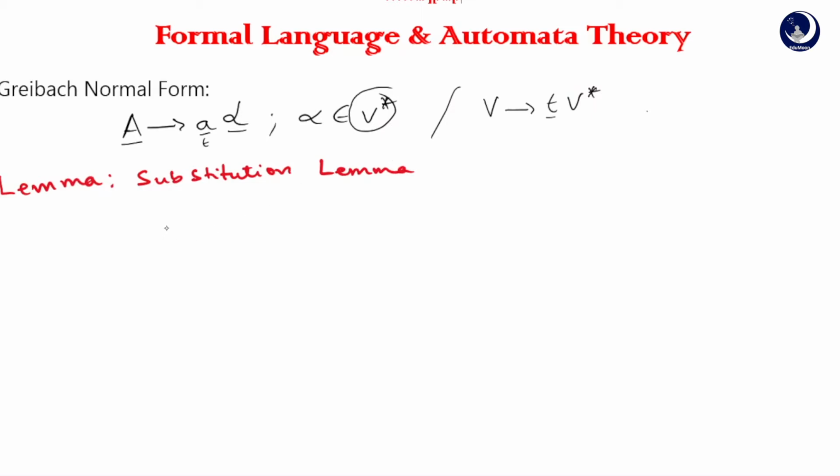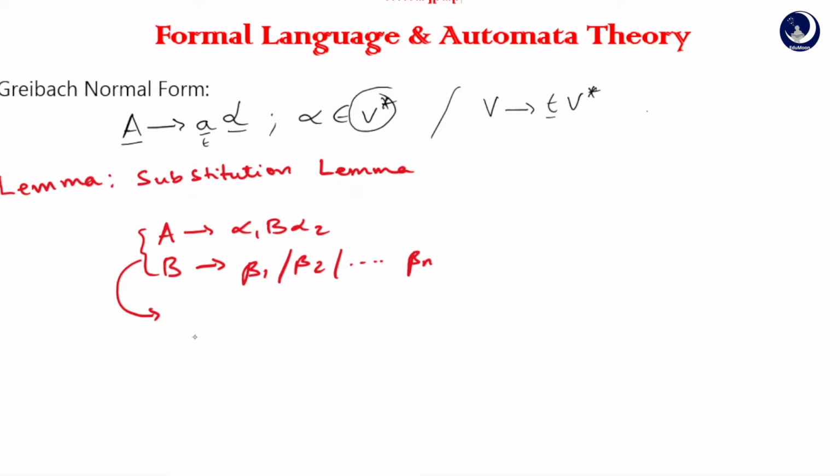Here assume that there is a grammar with productions A tends to alpha 1 B alpha 2, and the productions of the variable B are beta 1, beta 2 and so on up to beta n. These production rules in the grammar can be rewritten by substituting B equal to beta 1 for the first time, next beta 2 and so on up to the n values.